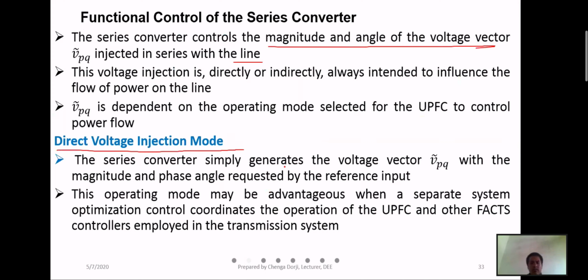The series converter simply generates the voltage vector VPQ with the magnitude and phase angle requested by the reference input. This operating mode may be advantageous when a separate system optimization of rating is required. Then we use this mode, the direct voltage injection mode.